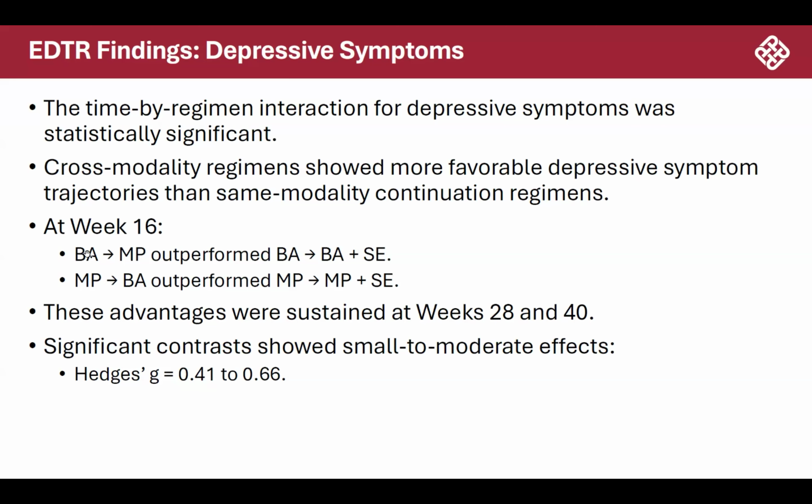For example, if there's a non-respondent from BA, it is better for us to change them to MP rather than increase the dosage and give them some self-efficacy component. We find that switching the modality is better than keeping the same modality in our SMART design. This advantage was also sustained at week 28 and at week 40.